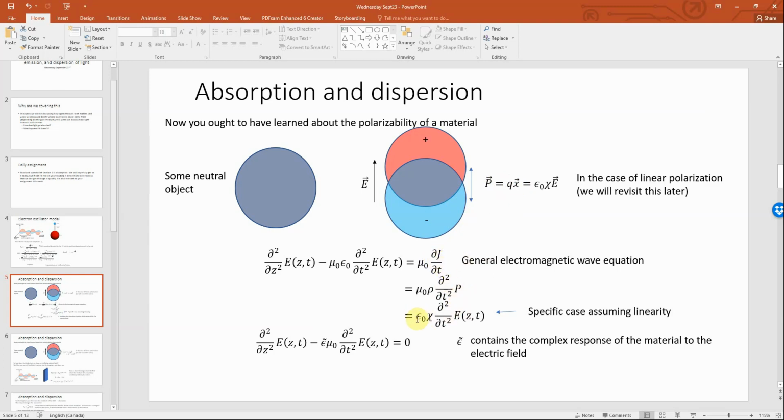And so what that means is that on the right hand side, we get epsilon naught chi, and then the second order derivative of the electric field with respect to time. But that's what we already have here. We have this mu naught epsilon naught here. Oh, this is missing a mu naught here.